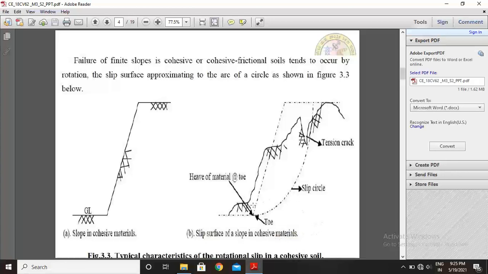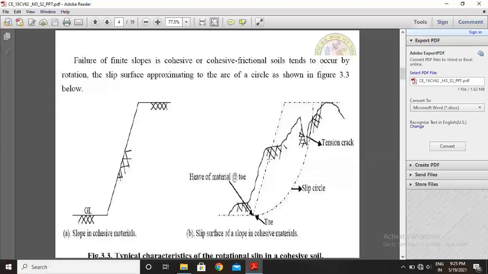How to select it, I will explain here. This dotted line is the embankment, that is the slope, and this is the slip circle, this dotted line. This is due to the tension crack.